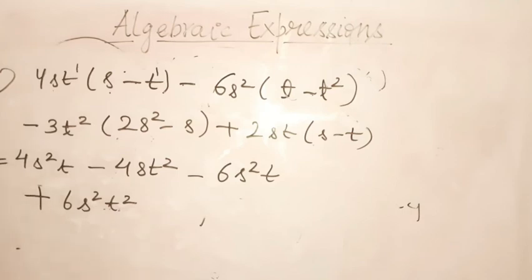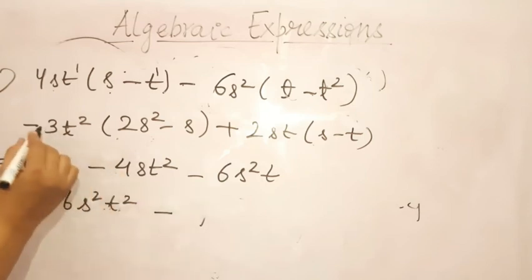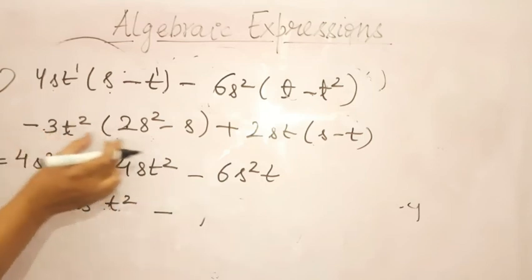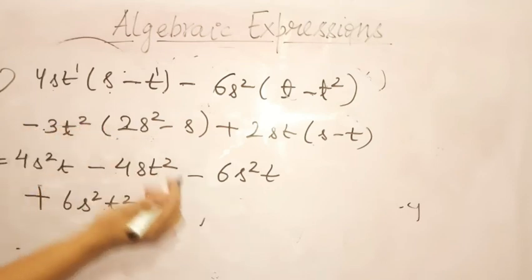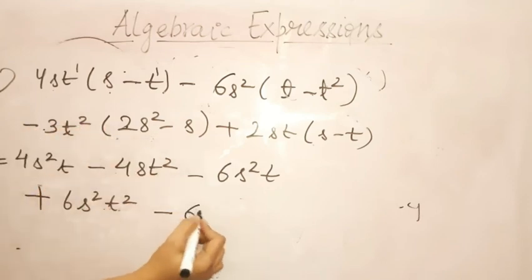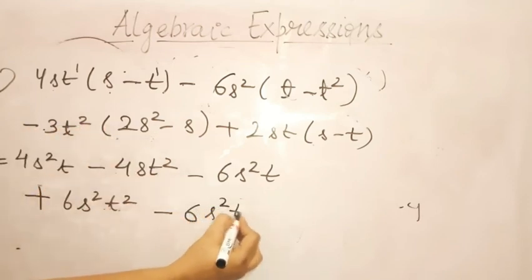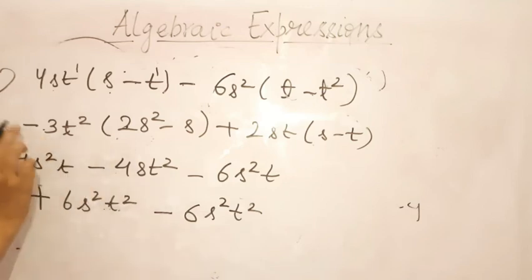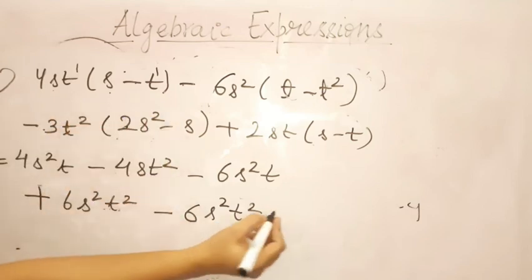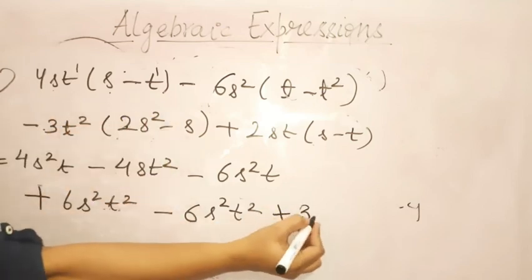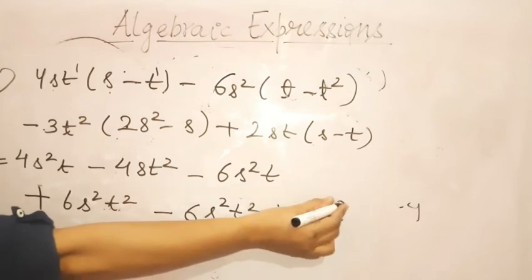Now moving on to the next one. Here it will be minus 3 times 2s², which is minus 6s²t². Now minus minus plus, so it will be plus 3st². Why is there one s?